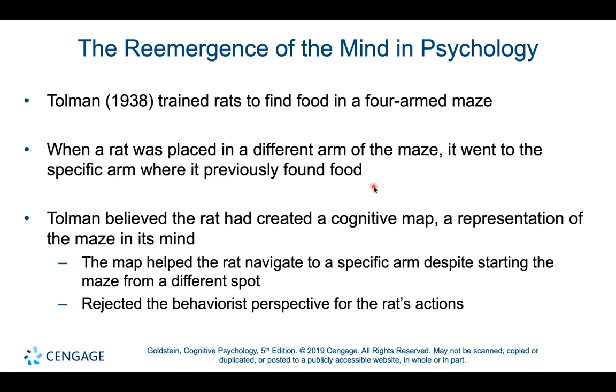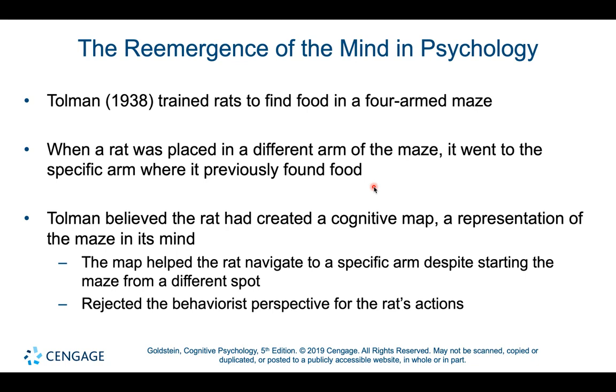So you have sort of 4 arms, right? That's what we'll call each line on our plus sign. And at the end of each arm is like a goal box. It's a place where food can be put. So he puts the rat in one of the arms, and the rat learns the food is right in front of me. Boom, I just run straight to the other end, and I eat the food. I run straight to the other end, I eat the food.